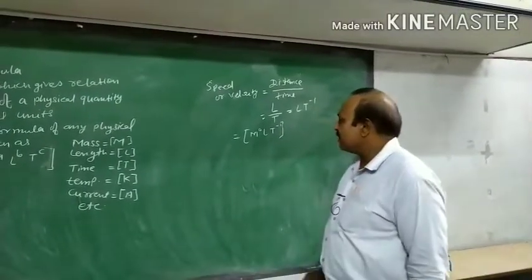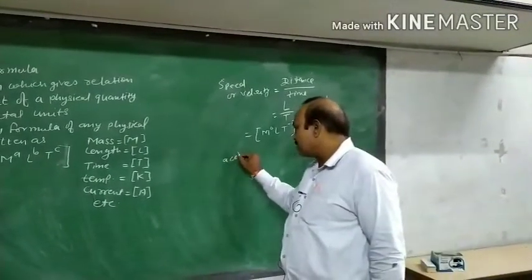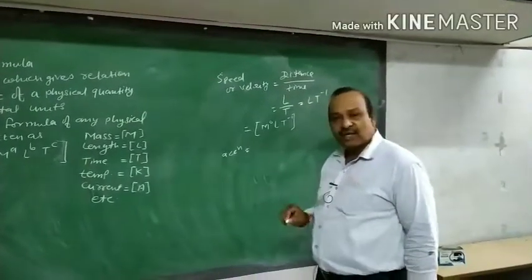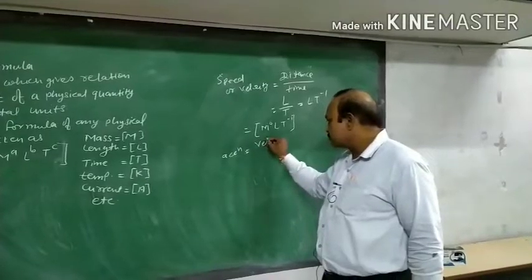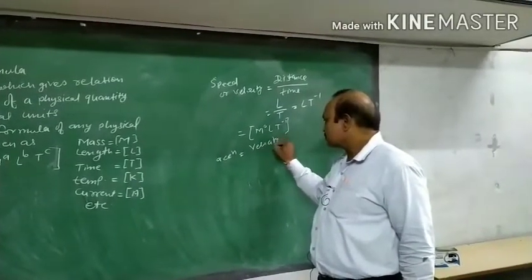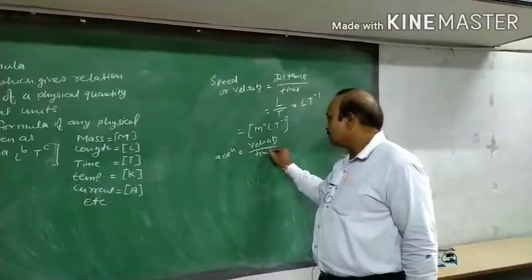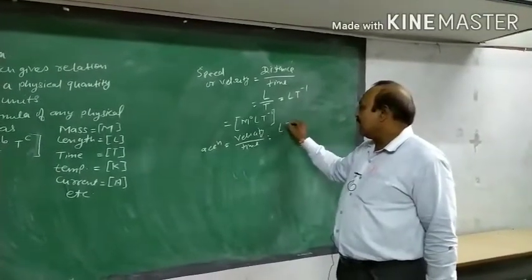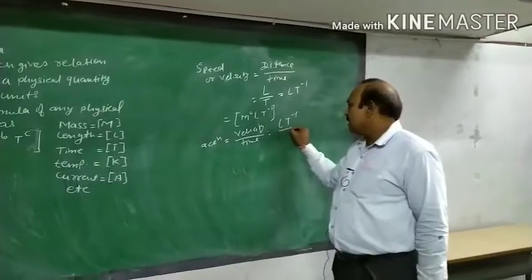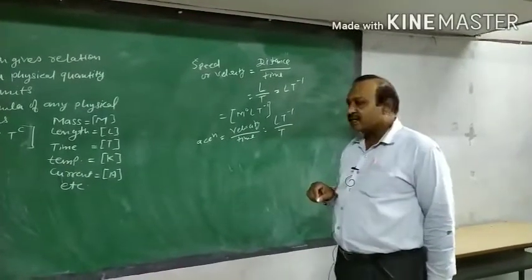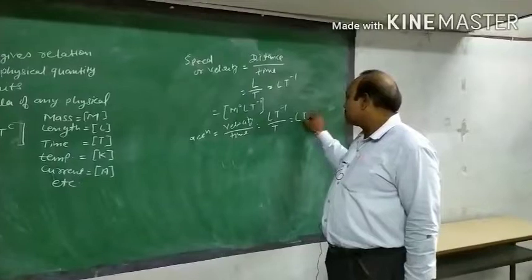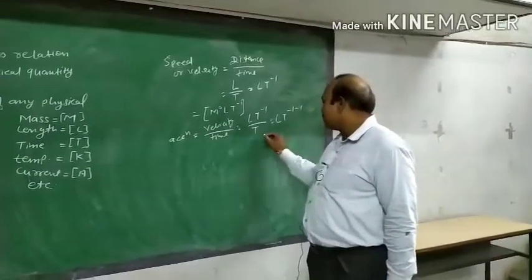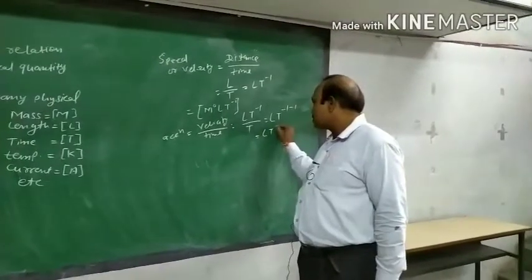In a similar way, what is acceleration? Acceleration is velocity upon time. We get the dimension formula of velocity, L T to the power minus 1, and time is represented by T. So we get L T to the power minus 1 upon T, and we move it, T to the power minus 2.